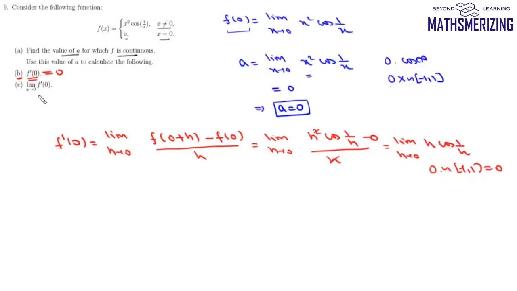Now the third part is we need to find this limit, which is limit x tends to 0 of f dash 0. So actually it should be limit x tends to 0 of f dash x. I don't think they should write f dash 0 here. We'll differentiate this function.